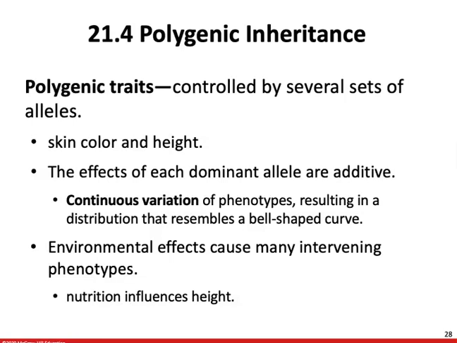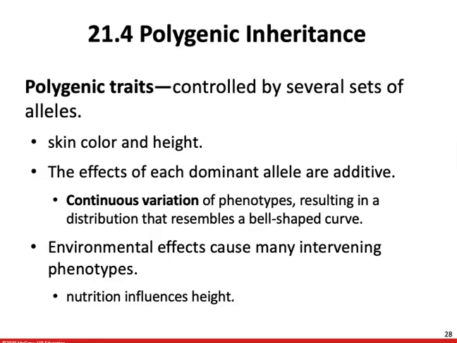So it could be that your dad is of average height, and your mom is of slightly below average height. But it could be that you receive 5 of your dad's genes for tall and 4 of your mom's genes for tall. And what you end up with is 9 genes for tall.